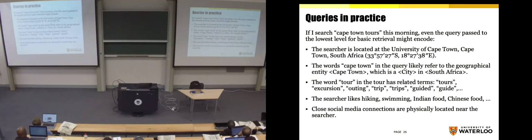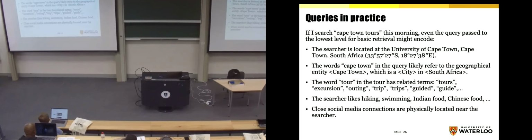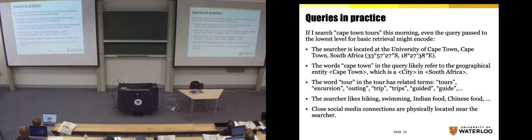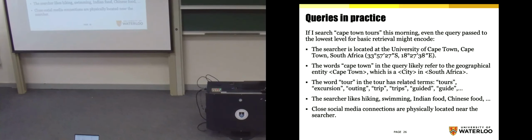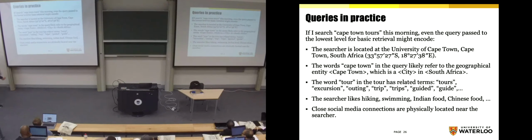The words "Cape Town", there's going to be a part of the system, a query understanding system, and it's going to go, wait a minute, Cape Town, that's not just the word Cape and the word town joined together. Nobody's wearing a cape. This is Cape Town. There's going to be a system that says, okay, that is a geographic entity, and here is all the information about that geographic entity.